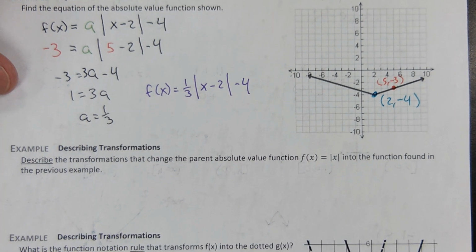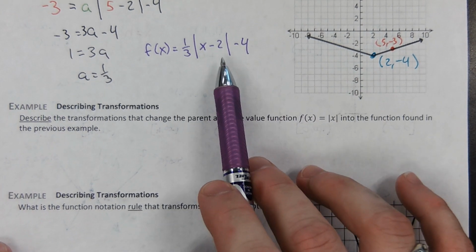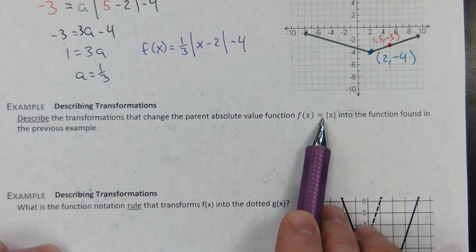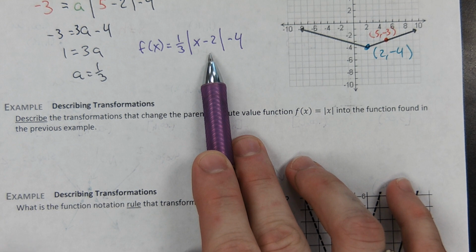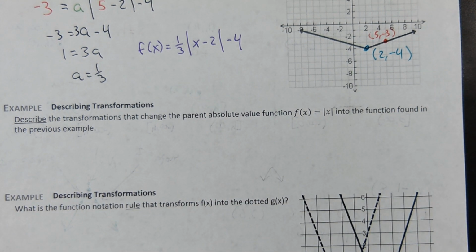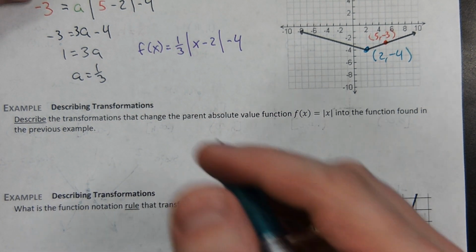Okay. Then how about this? What transformations have to be done to the parent function, absolute value of x, to get this function? It's 3 transformations. Who can give me the first one? Brody? Awesome. Vertical shrink, factor 1/3, because vertical outside same. Outside change is going to be following PEMDAS.